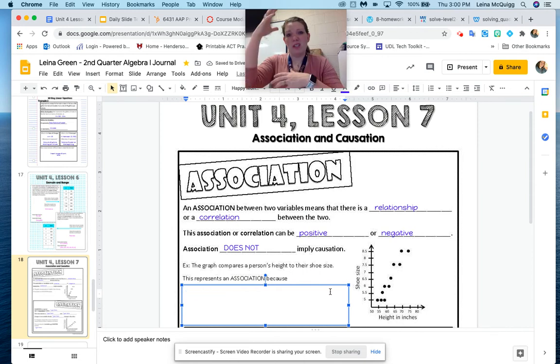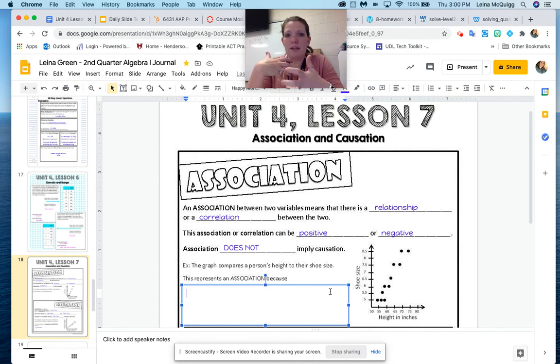Or if somebody's really short, it makes sense that they have smaller feet. But do they always have bigger feet because they're taller? No, you might know somebody that's really tall but has smaller feet, or somebody that's really short that has really big feet, right? So they are related to each other, but one thing doesn't cause the other thing to happen.